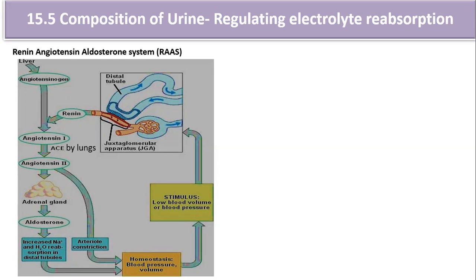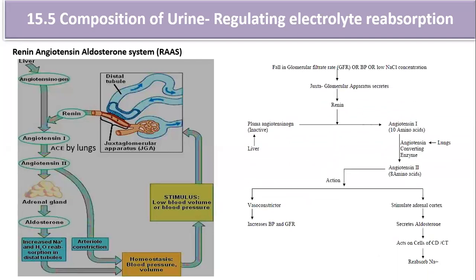So that is the second role. Angiotensin 2 acts as a powerful vasoconstrictor, and it also stimulates the PCT cells to enhance reabsorption of NaCl. So these are the three roles performed by angiotensin 2.